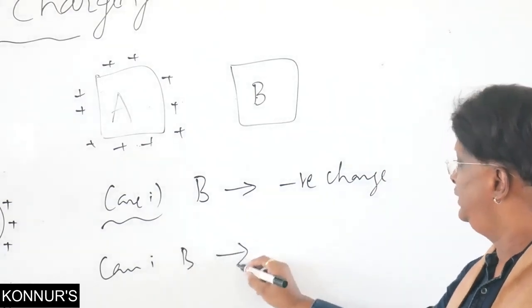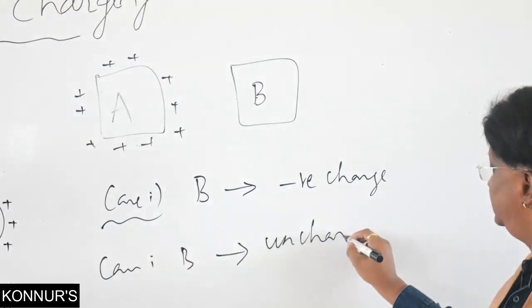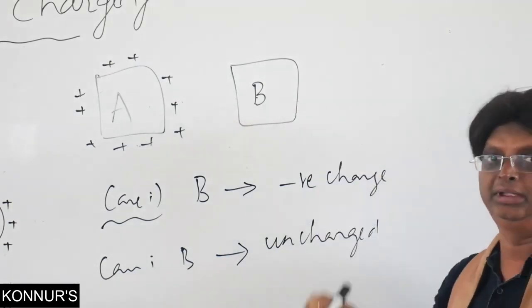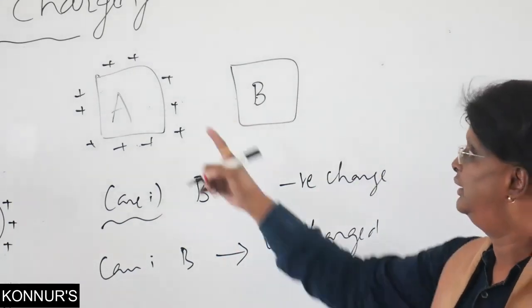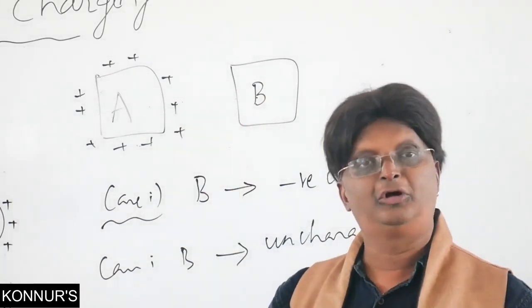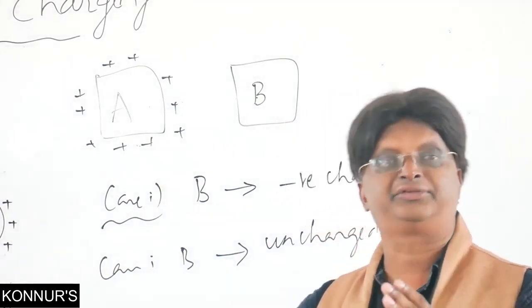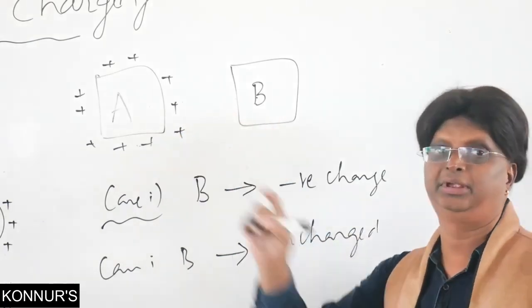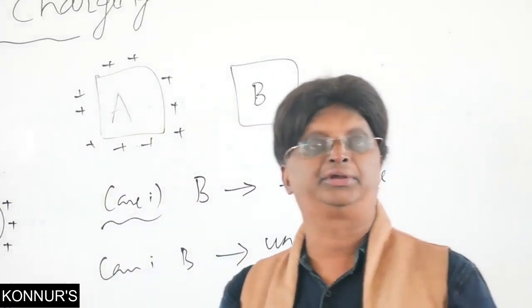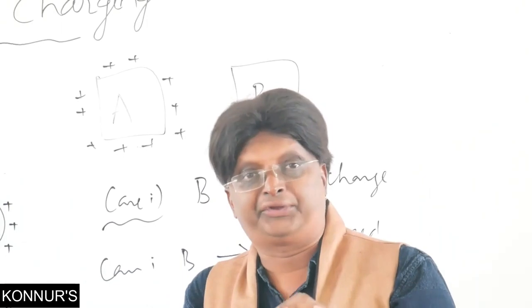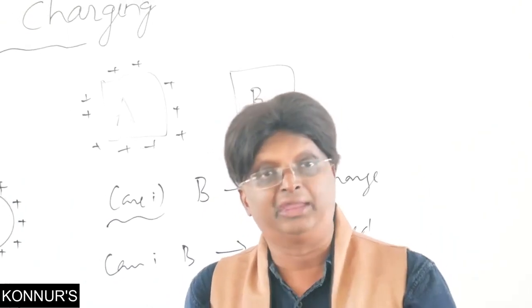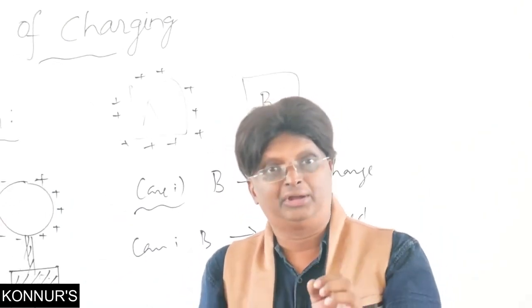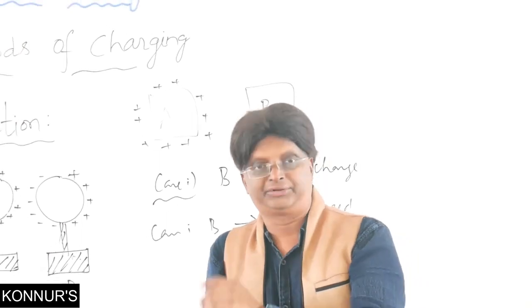Suppose B is in an uncharged state, there is no excess charge on B, then what happens? A is brought near B, by the phenomenon of induction the nearer side acquires unlike charge. Then also A attracts B. So a charged conductor attracting another conductor, we can never say the state of the charge on the second object.